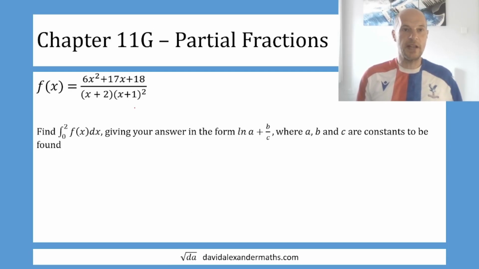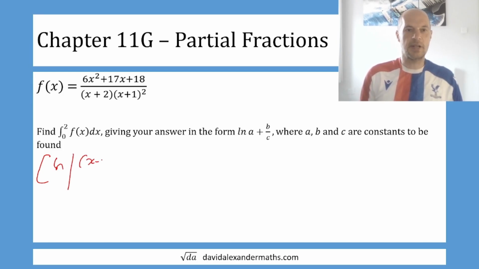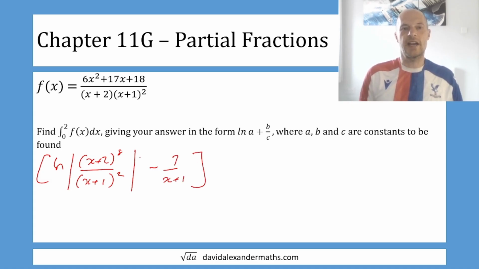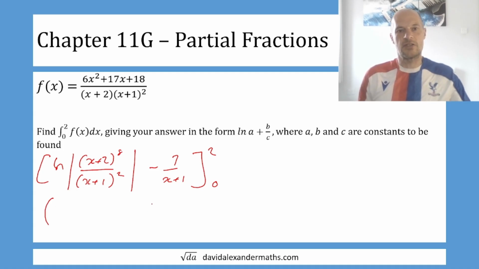Okay, so we know from the previous question that when we integrate this, we end up with the ln of x plus 2 to the power of 8 over x plus 1 squared, minus 7 over x plus 1. Okay, and the limits are 2 and 0. So let's do our two brackets.